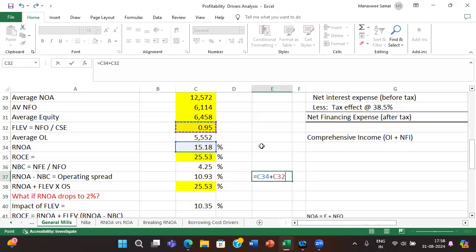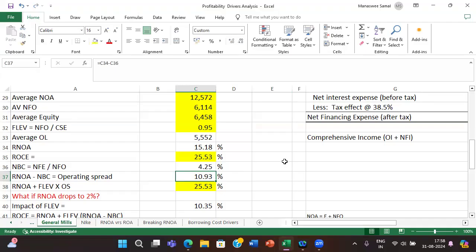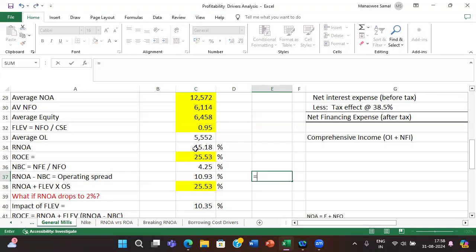Let me just hold this figure. I think I have it here. I just missed it, sorry. The spread is here already, 10.93. So my overall figure ROC should be equal to 15.18 plus the FLAV 0.95 into this figure 10.93. That's the operating spread, the difference between RNOA and NBC. So that is 25.53.